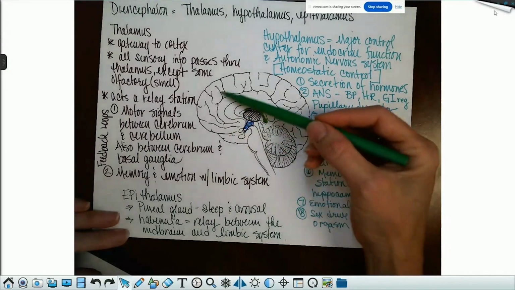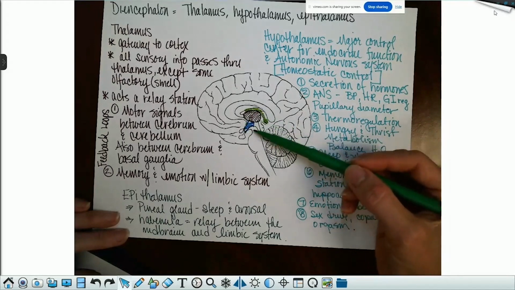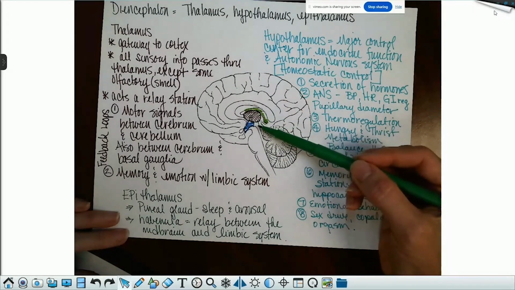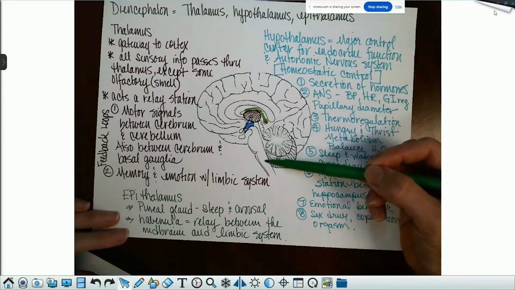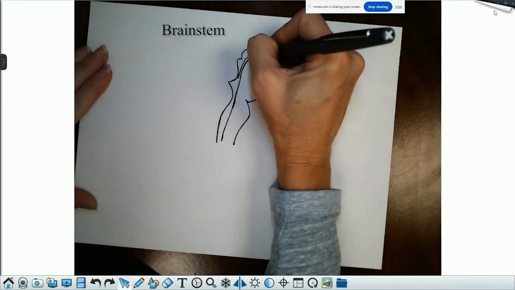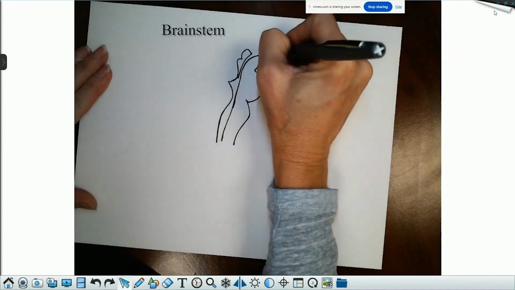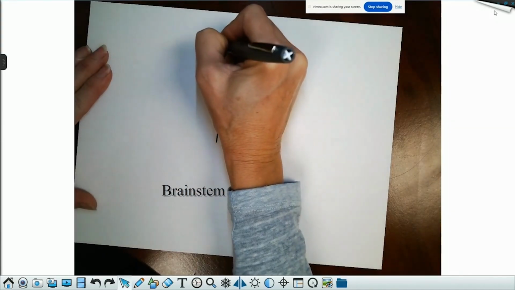We saw all of the cerebrum out here. We saw these very deep structures of the diencephalon right here. And then right below that is going to be the brainstem. This is our brainstem. So this is the anterior side. This is the posterior side.